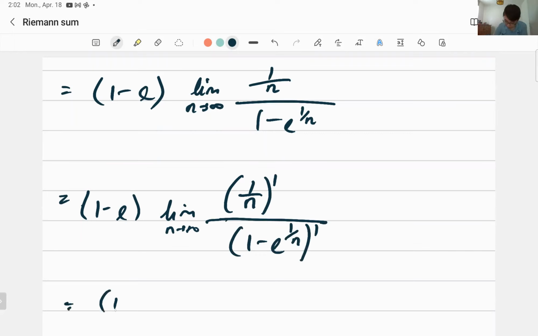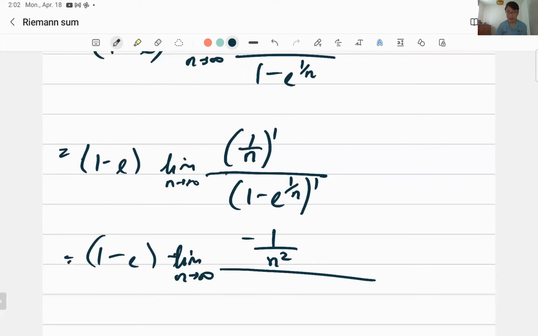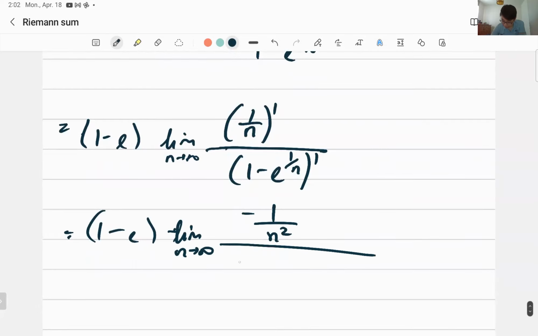All right, so 1 minus e, right? So again, I'm gonna do the derivative of this whole thing here. So this whole thing here is negative 1 over n squared. For the bottom here, we do the derivative.